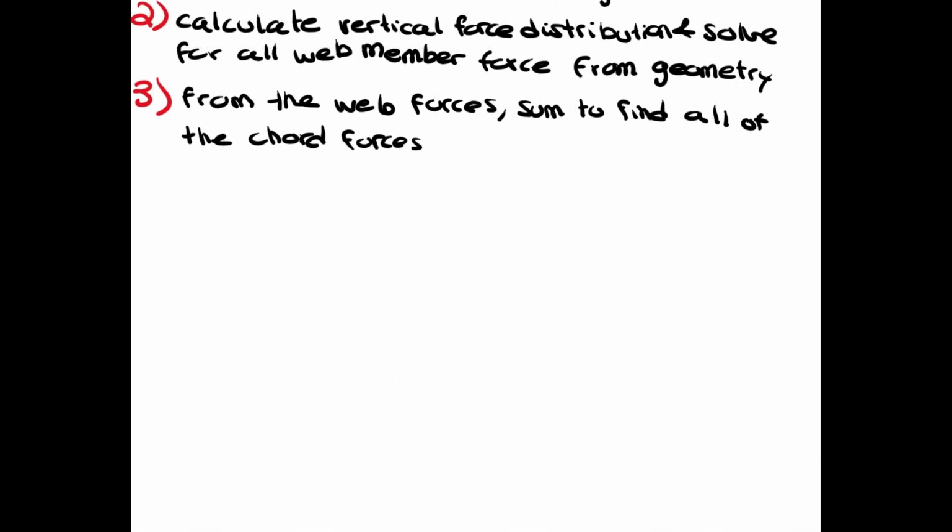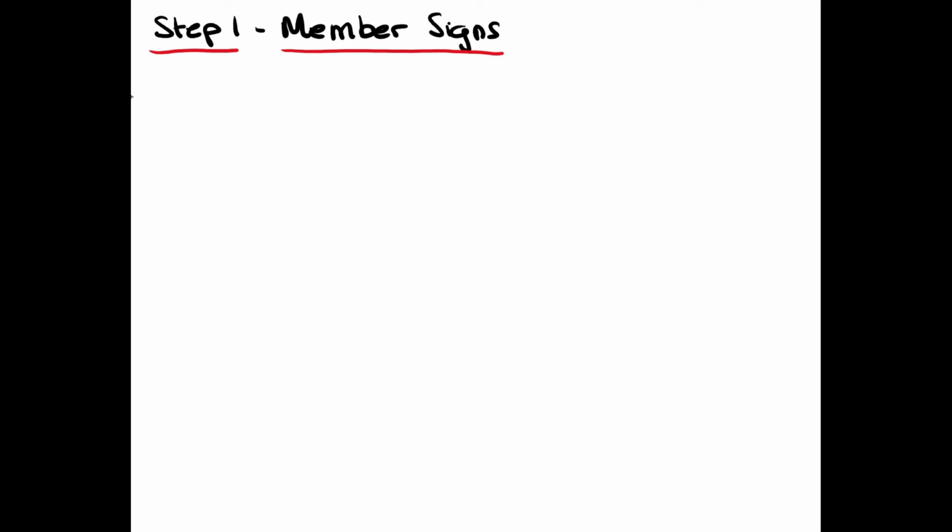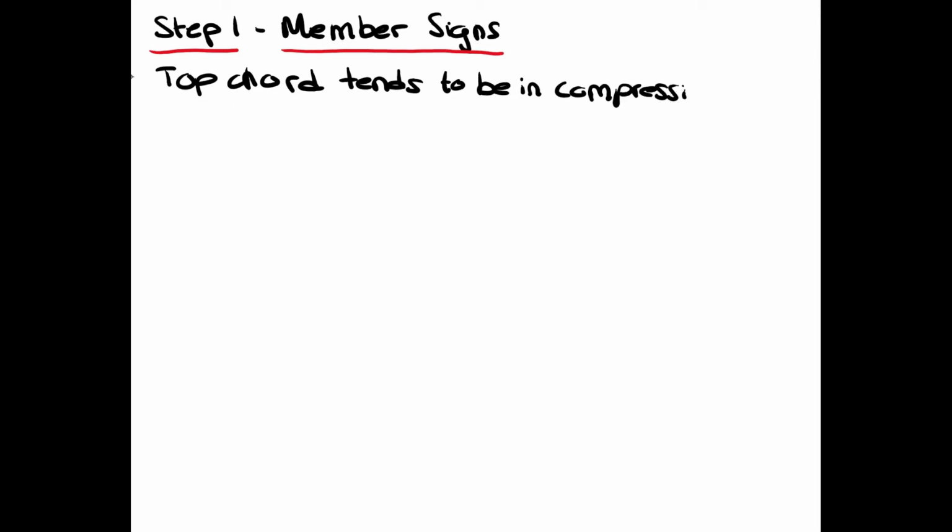Okay, so step 1 in more detail now. Member signs. For a standard truss bridge like the one I showed above, the top chord tends to be in compression, which, if we recall, is denoted by the negative sign.